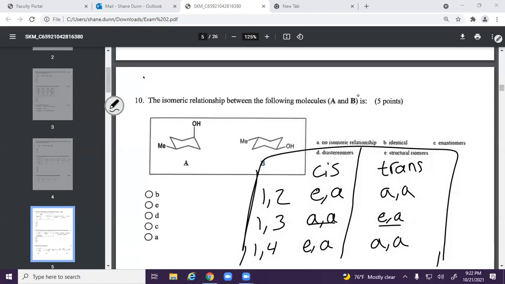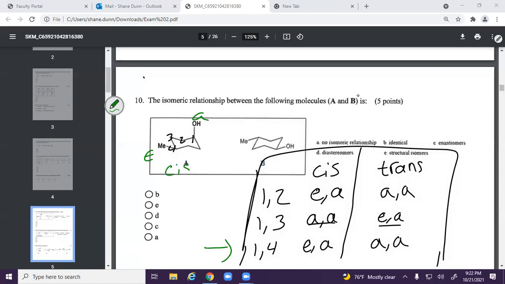So using this chart, carbon 1, 2, 3, 4. So 1 and 4, right? This guy right here: one's going up, axial, equatorial. Axial. The methyl would be equatorial, which would make it cis or trans? Cis.